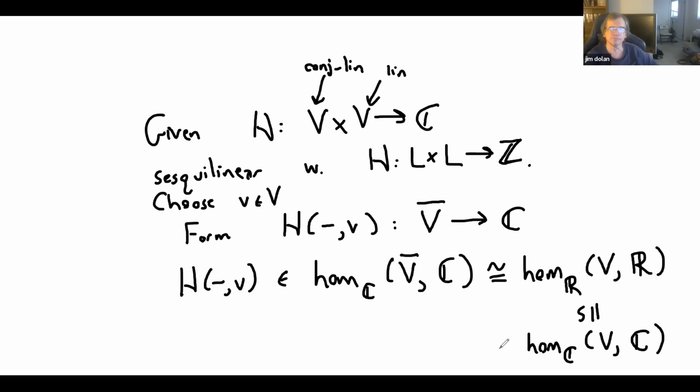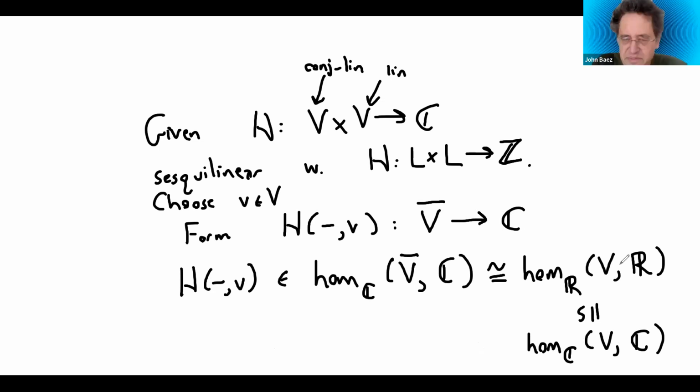Yeah. So, okay. So notice then that this map here, we can actually identify it with a complex linear map from V to C in a natural way. What can we do?